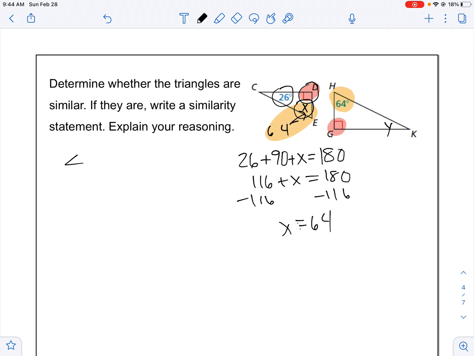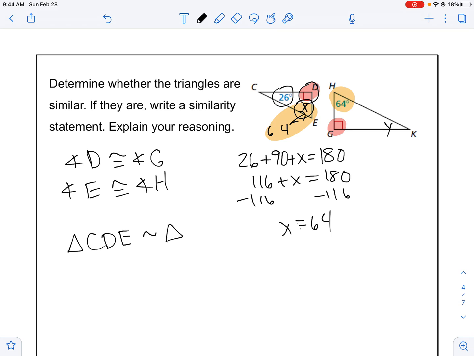So we did it. We proved that angle D was congruent to angle G, and that angle E was congruent to angle H. So it says, now write a similarity statement. Well, we've got triangle CDE, and that's going to be similar to triangle, and you've got to be careful here. Make sure you match up the letters. We know D and G match up, so G is going to be our second.